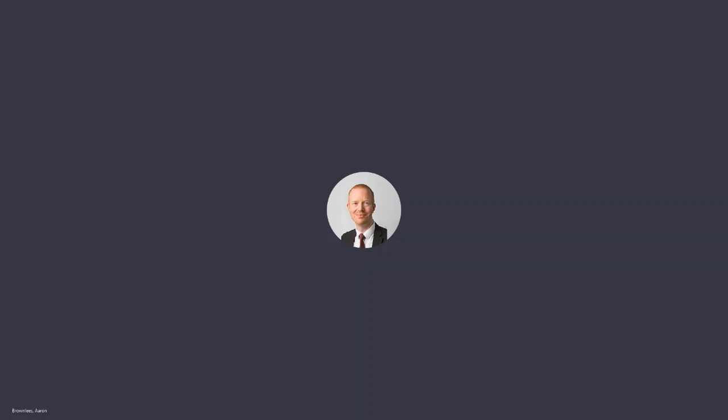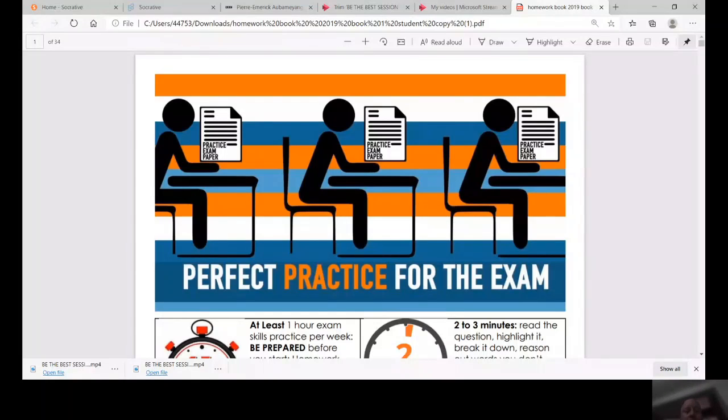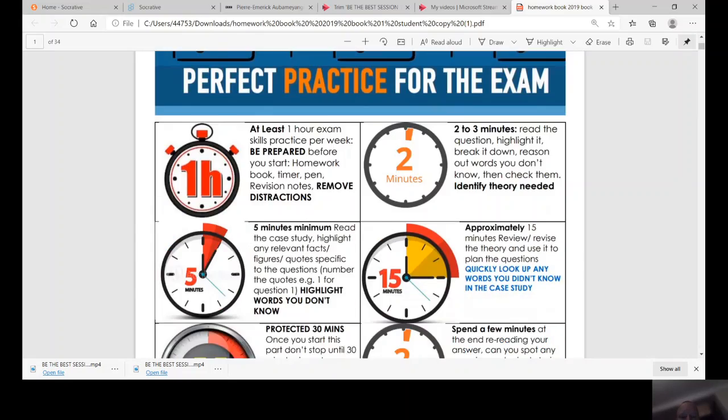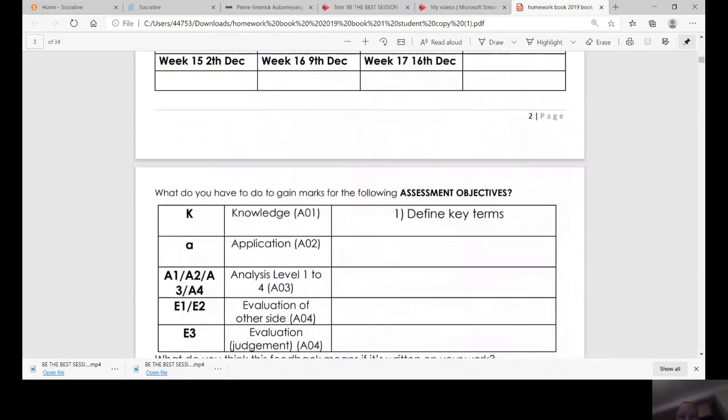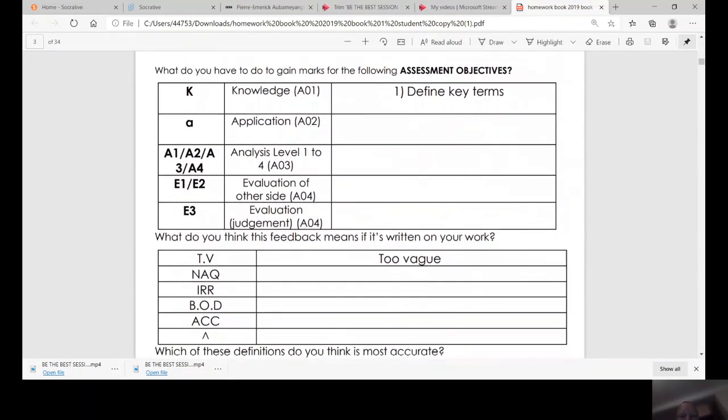Okay, students, so if we have a look at your homework around skills practice, if you get your skills book out, and we want you to go to page 3, and the first thing on this is the skills to gain the marks in the different assessment objectives.